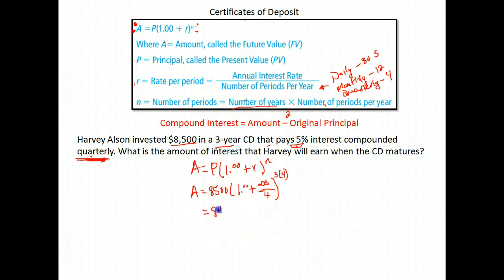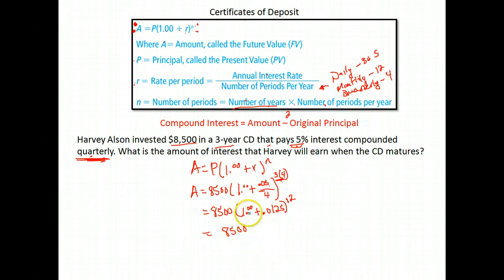Let's go through it step by step. The first thing I'm going to do is do the 0.05 divided by 4. That gives me 0.0125. Here, my 3 times 4 gives me the 12th power.